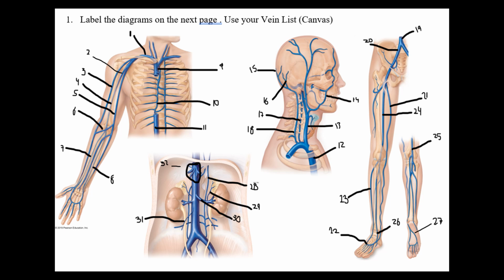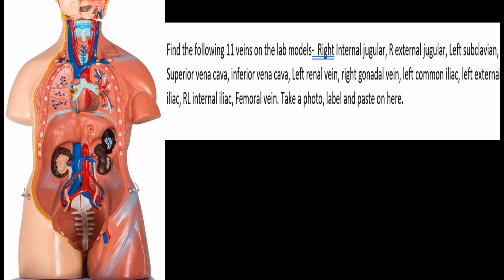You are provided with a vein list that you could find on Canvas to help you label these diagrams. And in addition to labeling that diagram, please make sure you visit our torso models, because those are the ones you will definitely see in the next practical. And you're going to find the following 11 veins on the lab models.